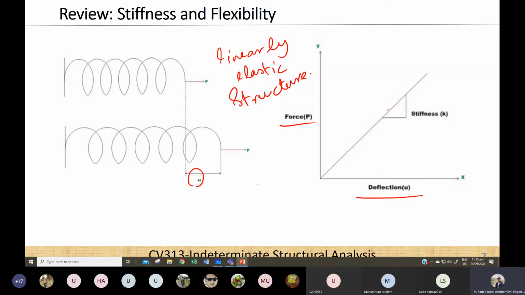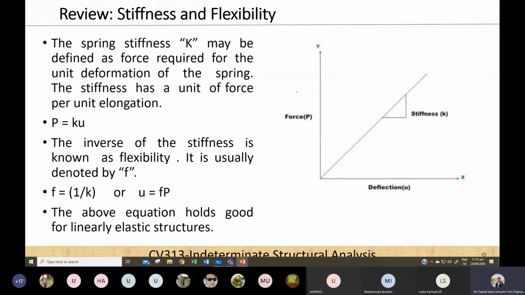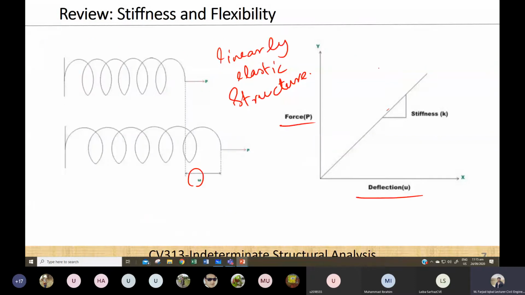Or stiffness can be defined as the force required for the unit deformation of the spring. If I want to find this slope, that will be k is equal to (P2 minus P1) over (U2 minus U1), or I can write it as force per unit displacement, or I can also write it as P is equal to kU.